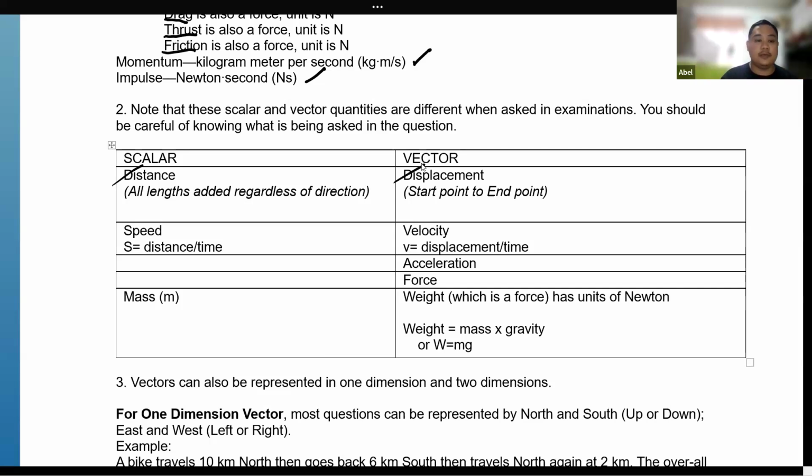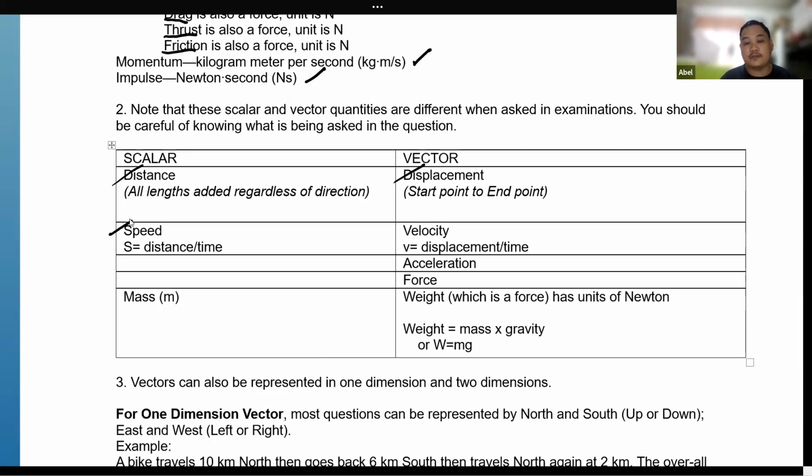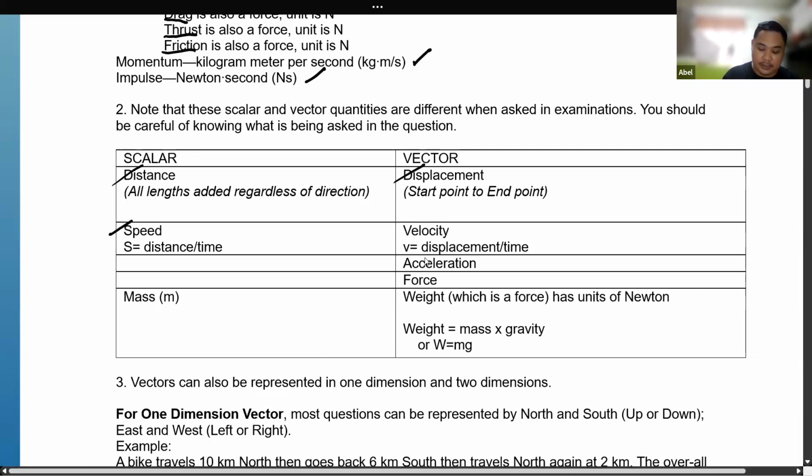So usually, we need to distinguish the answer for what is a distance, what is a displacement. And of course, for the speed, the definition of speed is distance per time, whereas for velocity, the definition is displacement over time. So there's a big difference between speed and velocity, as well as distance and displacement.